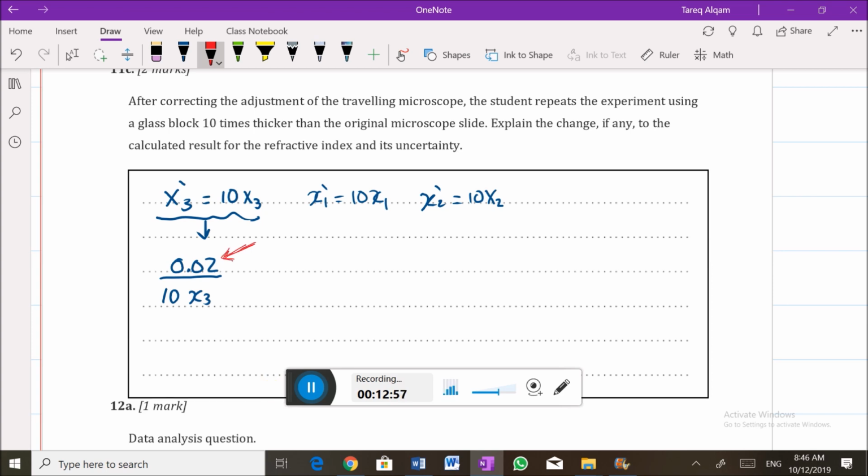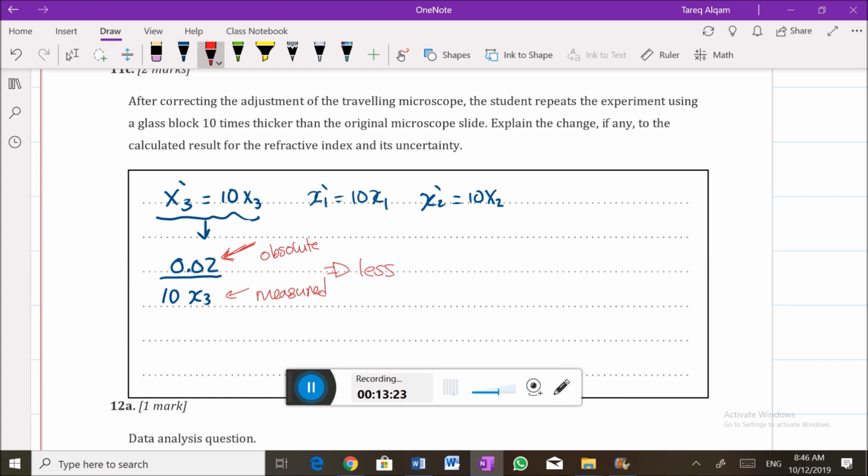The tool, 0.02, let's say the smallest division of our tool, divided by the measured value, so the fractional uncertainty will be less, right?